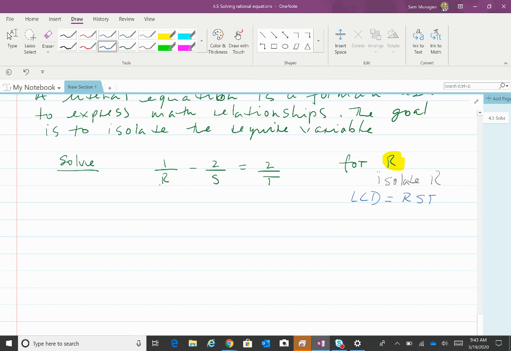Because in order to clear r, s, and t from the denominators, we would need to multiply everything by r, s, and t. So we're going to go ahead and set this up.